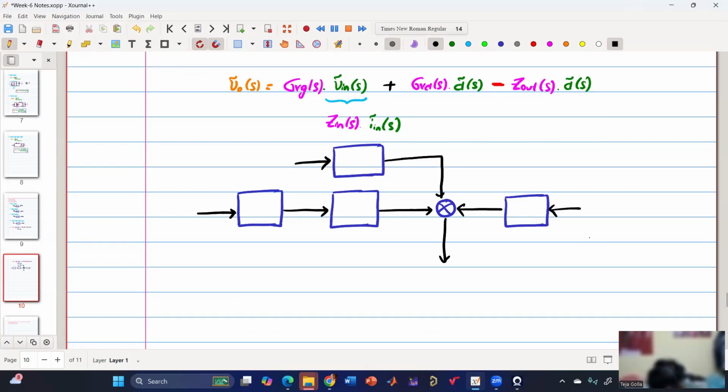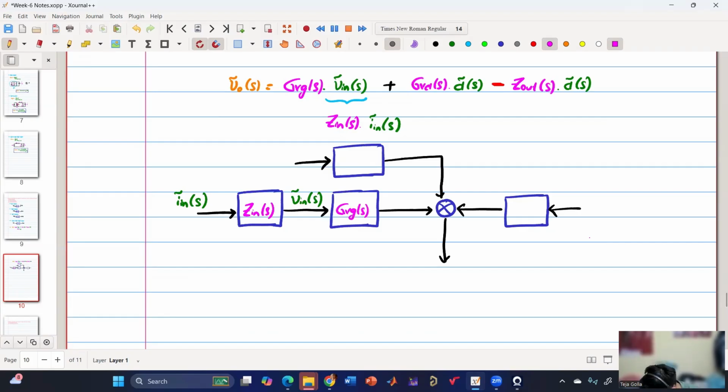Let me start with I in tilde of S. What will go in this block? Z in of s. And what will be the output? V in tilde of s. And then what will go in this block? GVG of s. Very good.